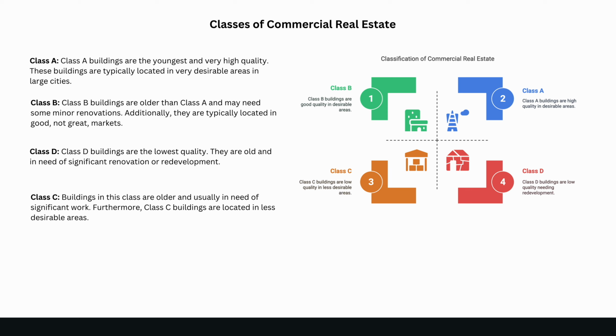Those assets come under Class D. Class C buildings are older and usually in need of significant work, and are located in a less desirable area. It could be a remote area or outside the city, right? So those assets come under Class C.